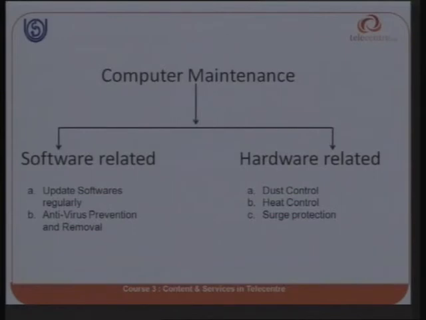The next software related maintenance is antivirus prevention and removal. You might have heard of many antivirus softwares which are available for free. Some of them could be AVG antivirus software, Avast antivirus software. You need to install these antivirus softwares to prevent your computer from any threats, and also remove those threats which are already there in your computer.